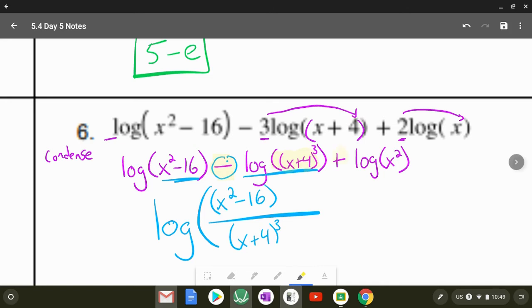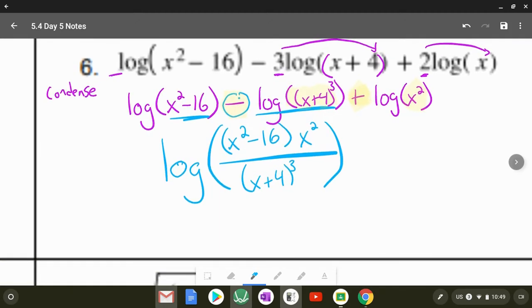But this one is being added, so this x squared is going back to the numerator. It does not go into the denominator just because it's after some subtraction. It's all based on the addition or subtraction of the log that it's referring to. So now we have condensed it to a single log.